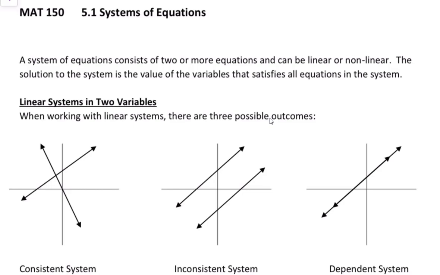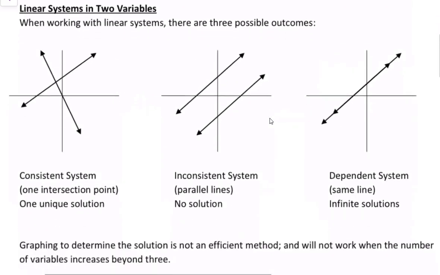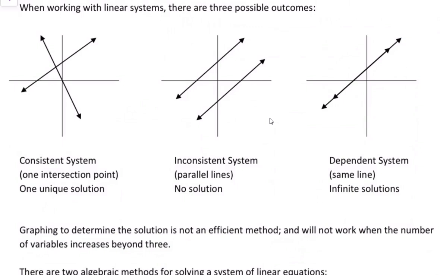So I want to show you real quick a graphical representation of what a linear system would look like. This is a linear system with two equations in the system. In that first drawing, you can see what would happen if I graphed two lines on the same XY coordinate plane.